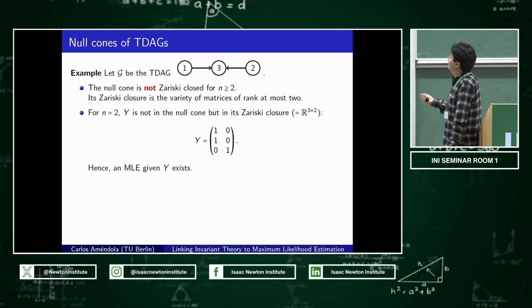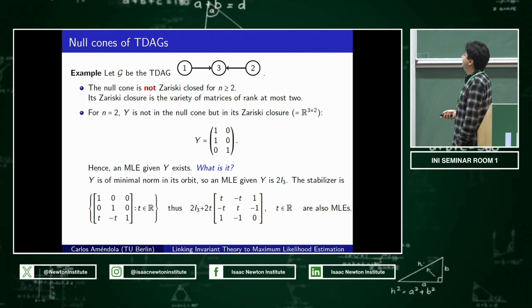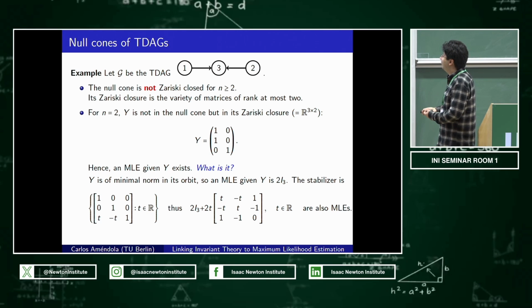That means the MLE will actually exist, even though it's this kind of degenerate case. And we can ask, what is the MLE? We can use the techniques that I was showing you, like trying to find the minimal norm in its orbit. You can find this will be the identity. Then you need to scale it, so it's going to be 2 times the identity. This will have a non-trivial stabilizer, and therefore there will be infinitely many MLEs in this case. So it's one of these special cases.